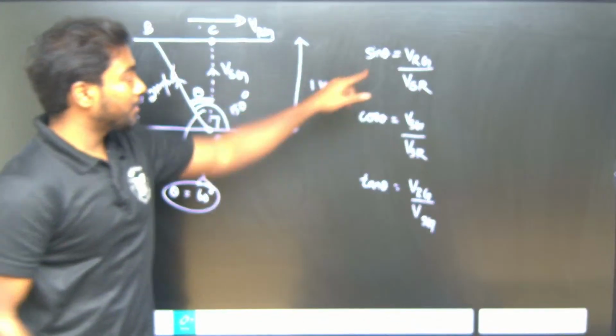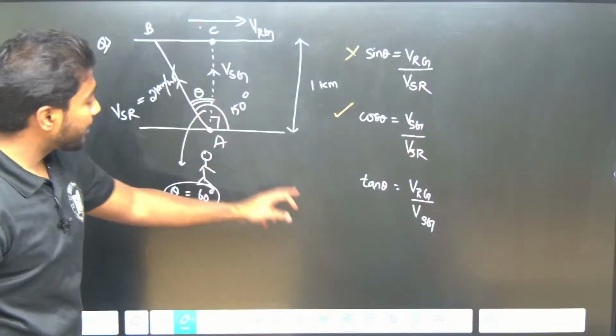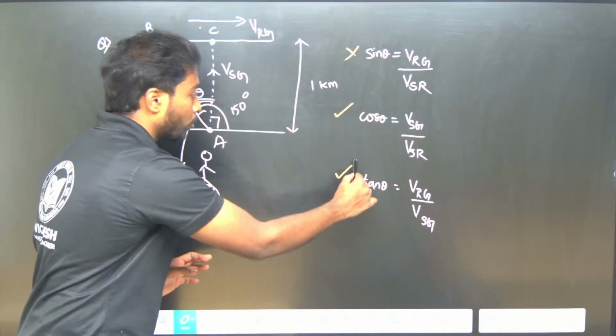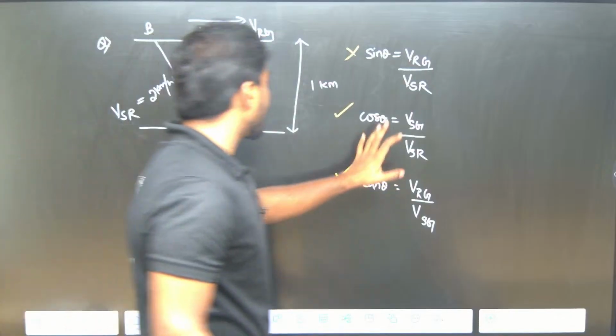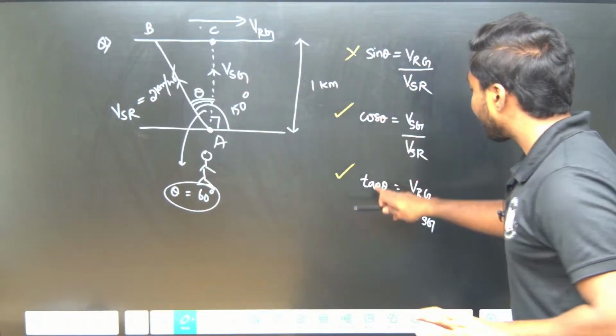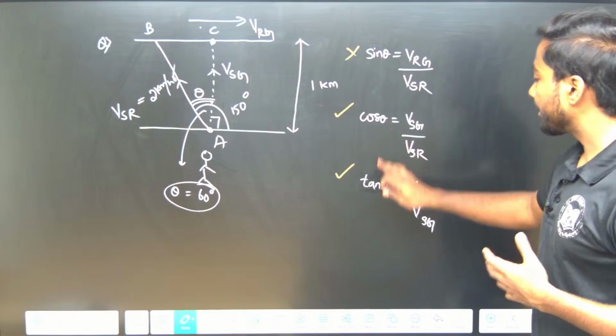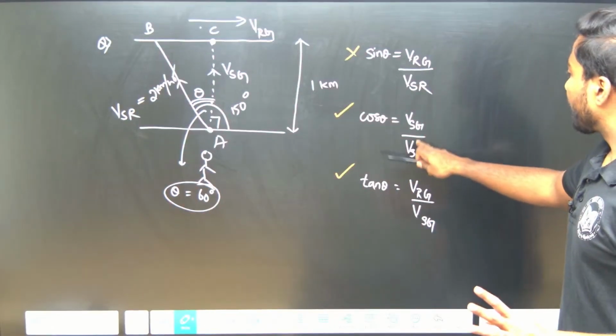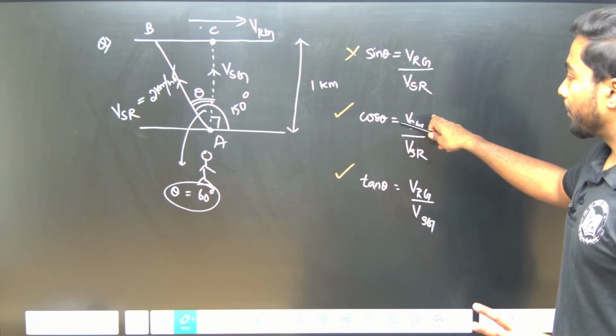No, sin theta I can't use it. Cos theta, yes, the variable is there, okay, fine. And the tan theta also, the variable is there. Two things, I got it. Now if you see, is there any other thing? Cos 60, tan 60 value I know, right? Velocity of swimmer with respect to ground I need to get.